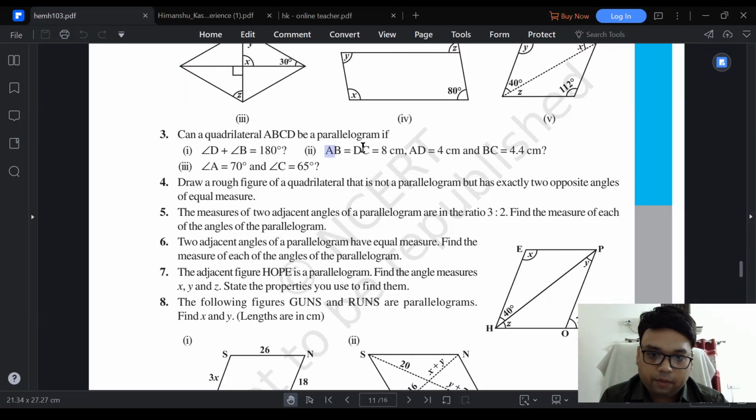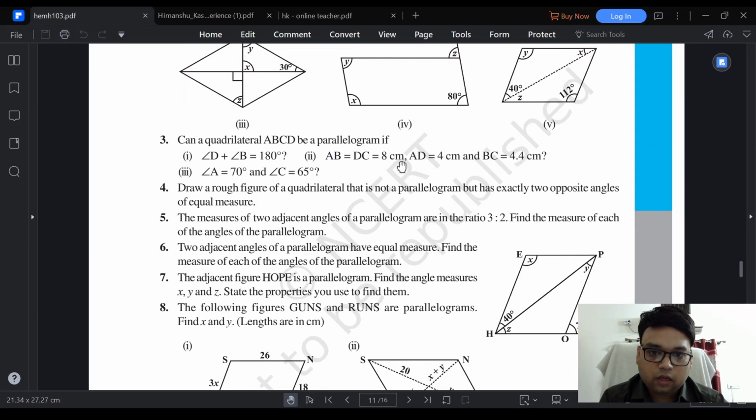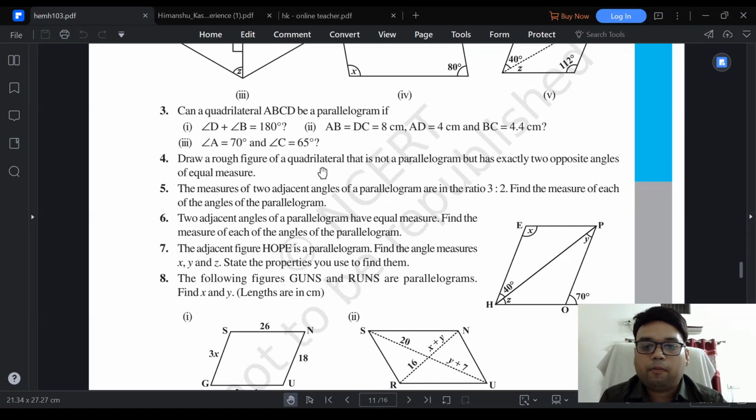Observe the question. AB and DC are 8 centimeters, but AD and BC are different, 4 and 4.4, and the angles are also unequal, so we can simply say that this is not a parallelogram. It does not follow the properties of a parallelogram.